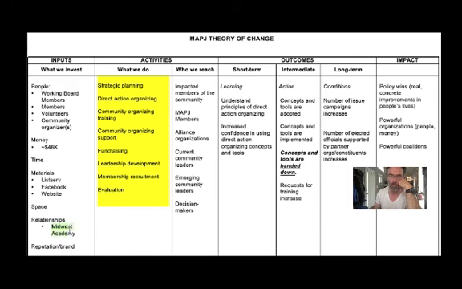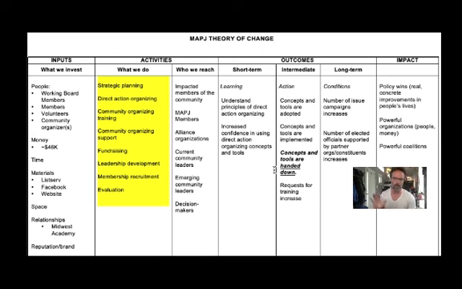We have relationships with different people and different organizations, Midwest Academy being but one of those. And we have our own reputation and our branding and recognition in the community. So if we invest those things, we do these things, we expect these kinds of outcomes, and then this kind of impact in a nutshell.